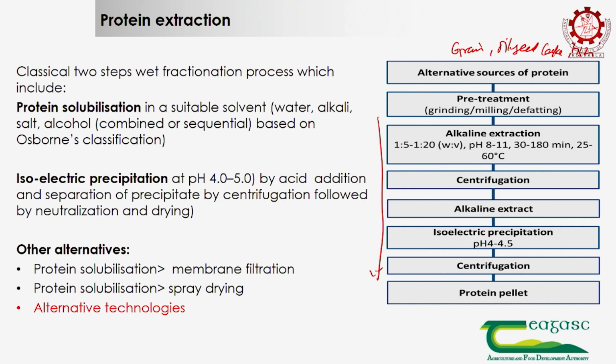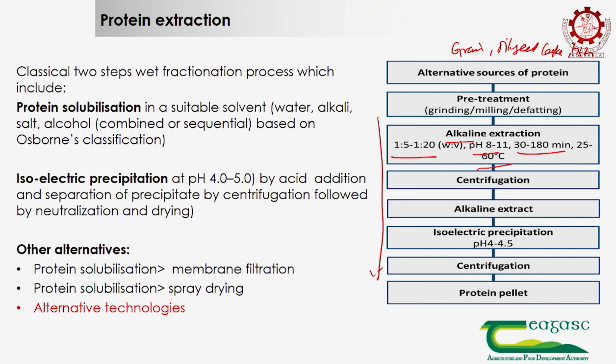We have already discussed the concentration of alkali, ratio weight by volume, pH 8 to 12 or whatever, depending upon the best solubility profile of the targeted protein, time and temperature. So, how do we decide what is the best pH for protein extraction?